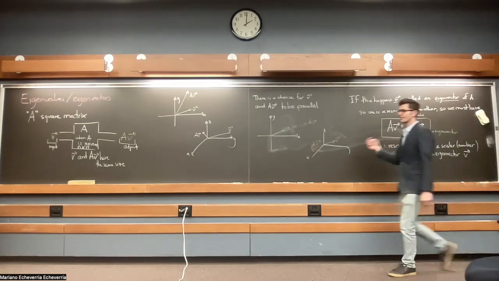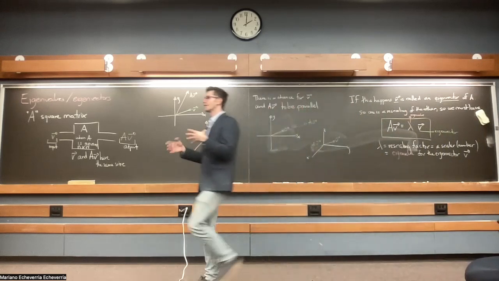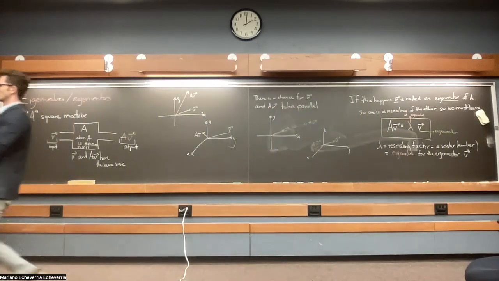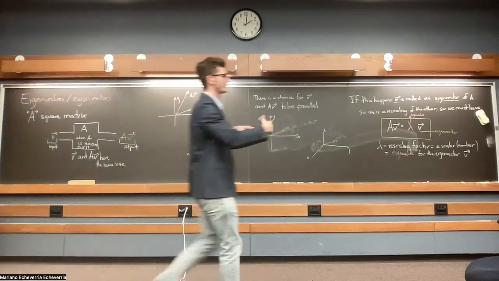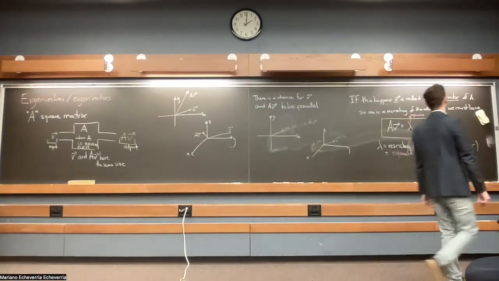So finding eigenvectors and eigenvalues just means, can you find a vector that becomes parallel, such that A times v is parallel to this vector?